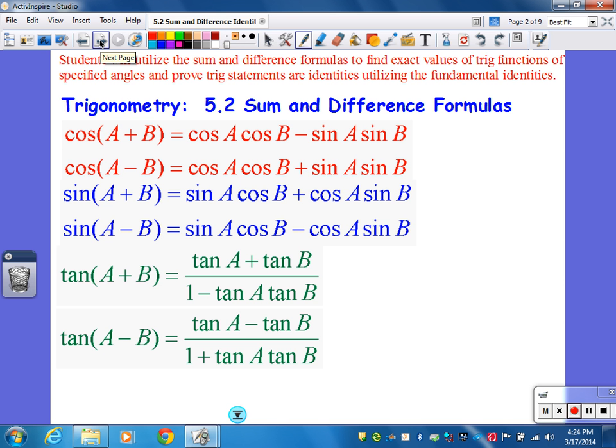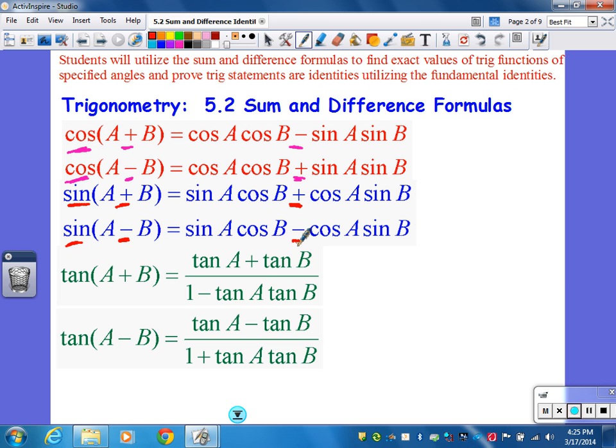Cosine, sine, and tangent kind of all have their own little thing. The big thing to remember with cosine compared to sine is that with cosine you're going to have opposite signs, versus sine, which are going to be the same.